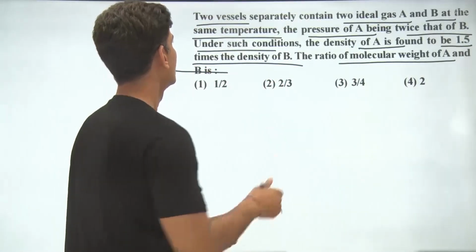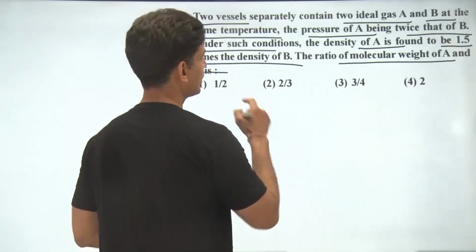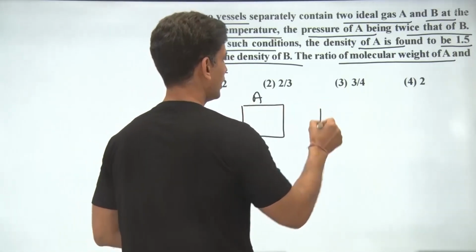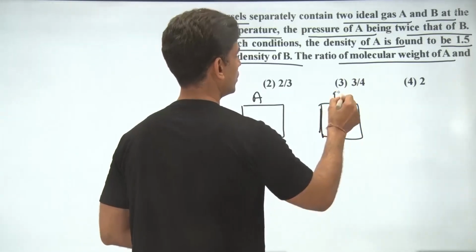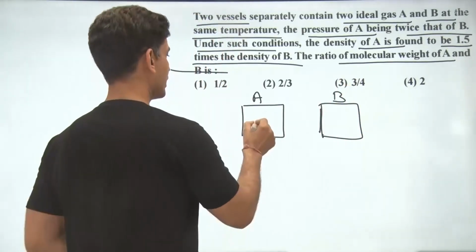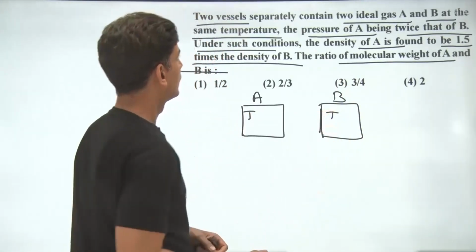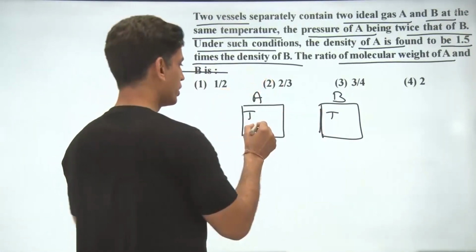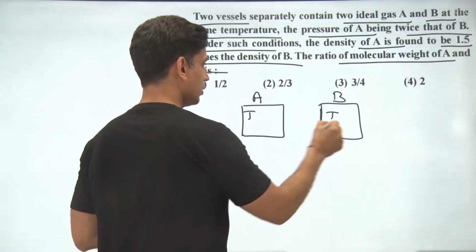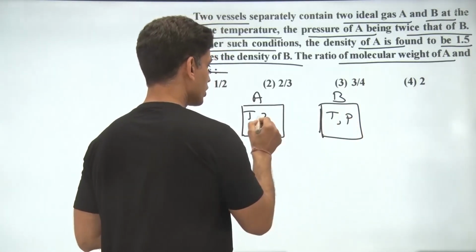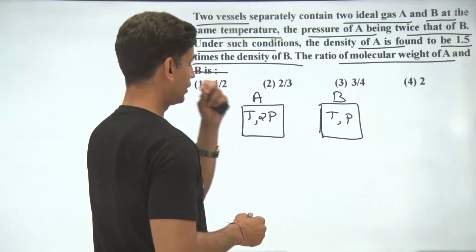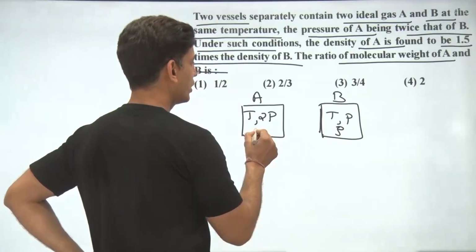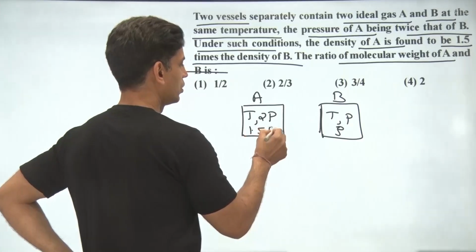Temperature is the same. So here pressure is P, here pressure is 2P. Here density is rho, here density is 1.5 rho.